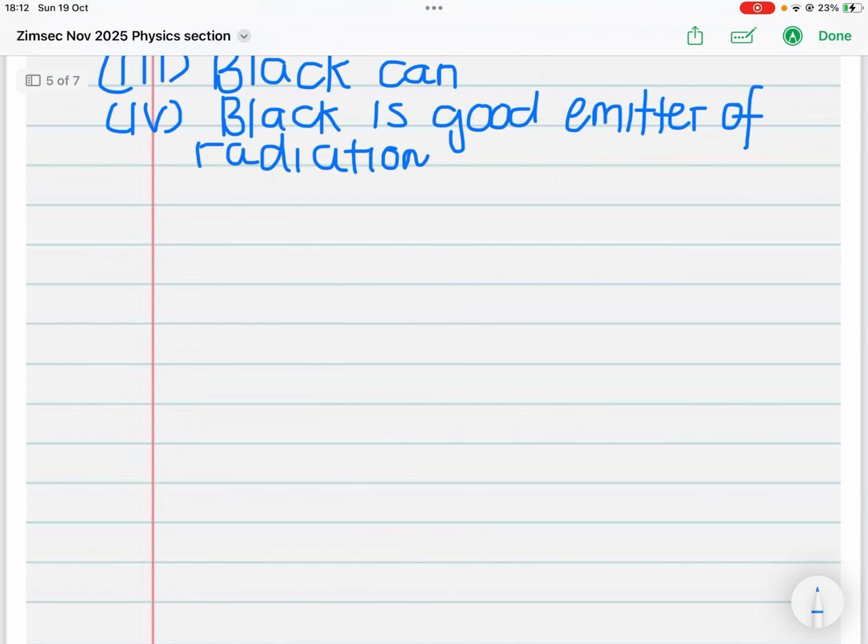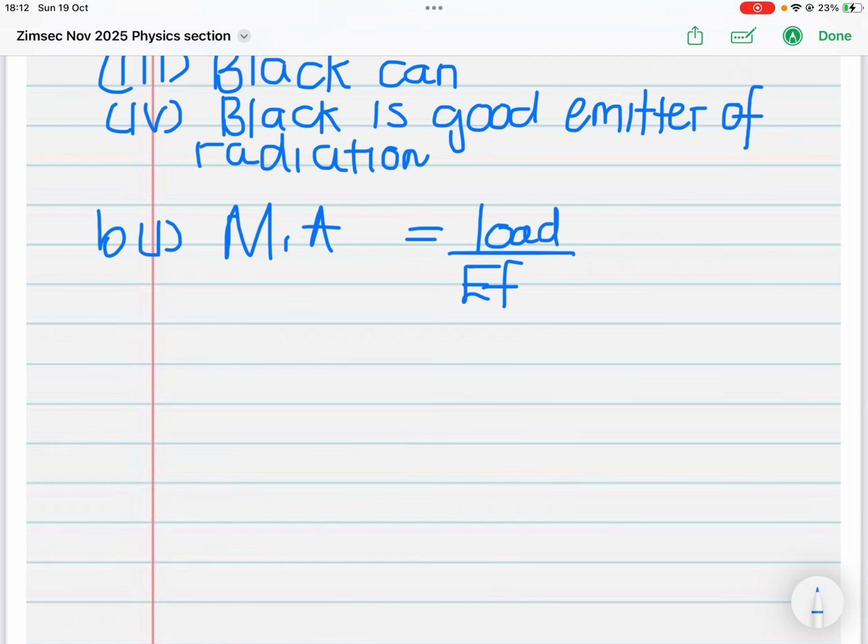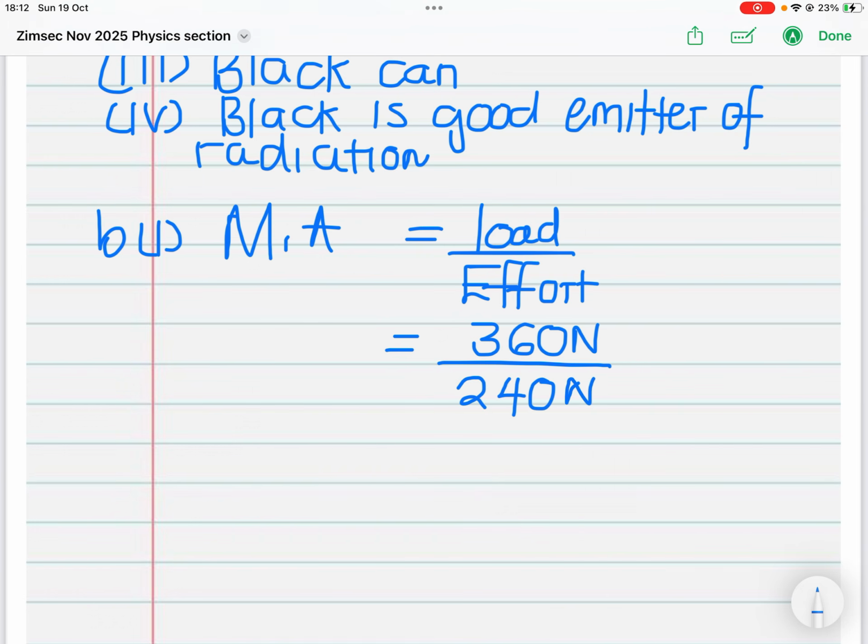So on B part 1, mechanical advantage is equal to load over effort, so 360 newtons divided by 240 newtons, and our final answer is 1.5. This is the mechanical advantage.